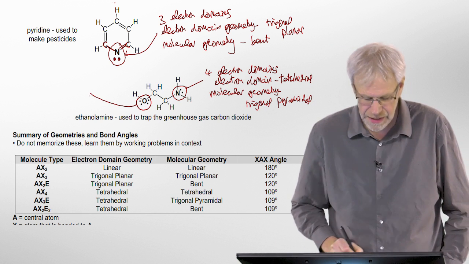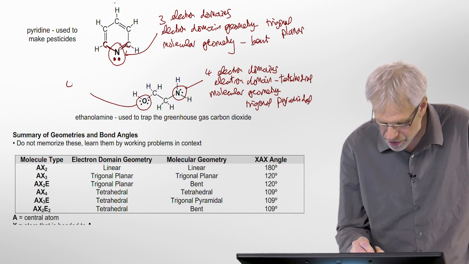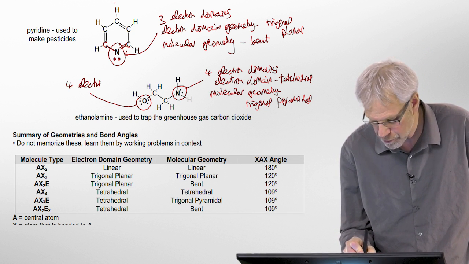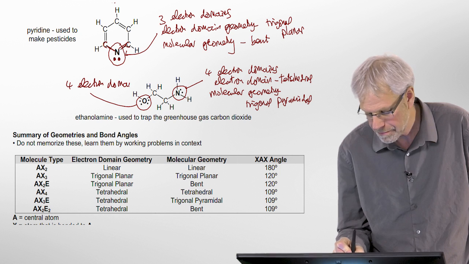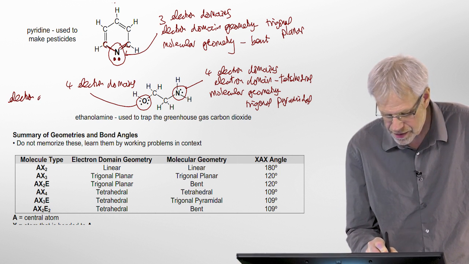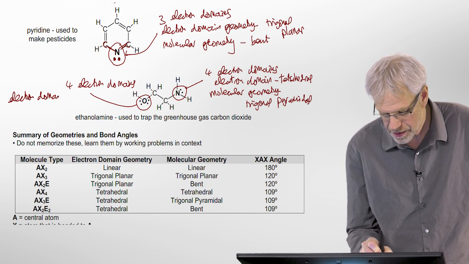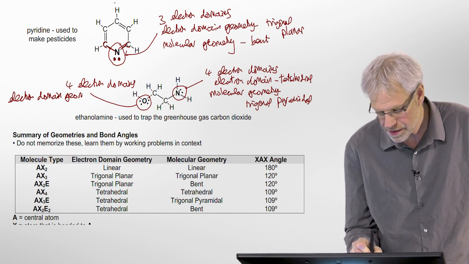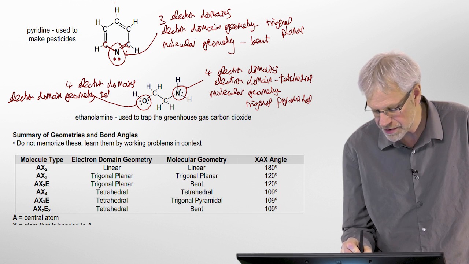Similarly, the oxygen in ethanolamine also has 4 electron domains, which means the electron domain geometry will also be tetrahedral.